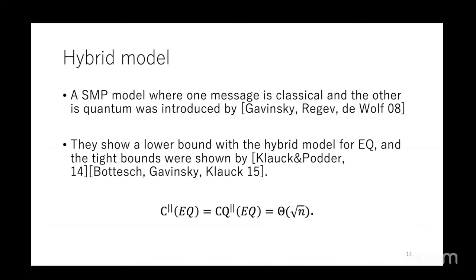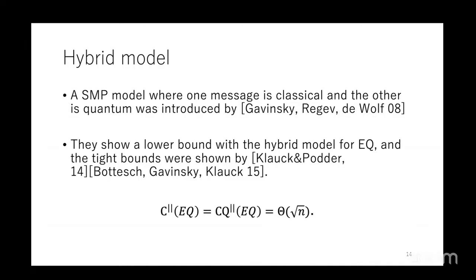When we started such an investigation, we found that a very related model was already studied. An SMP model where one message is classical and the other is quantum was introduced by Gavinsky, Kempe, and de Wolf in 2008. Let's call it a hybrid model.